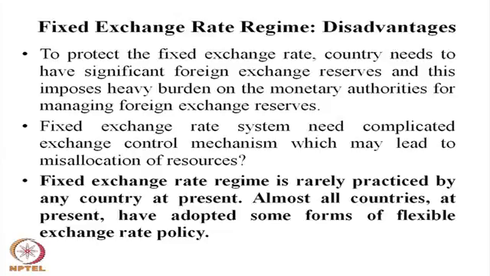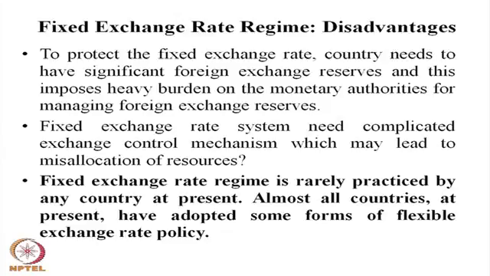A fixed exchange rate system needs a complicated exchange control mechanism, which may lead to misallocation of resources, because practicing a fixed exchange rate means you are not allowing market determination of the exchange rate, which means market forces are not deciding the actual value of the domestic currency.